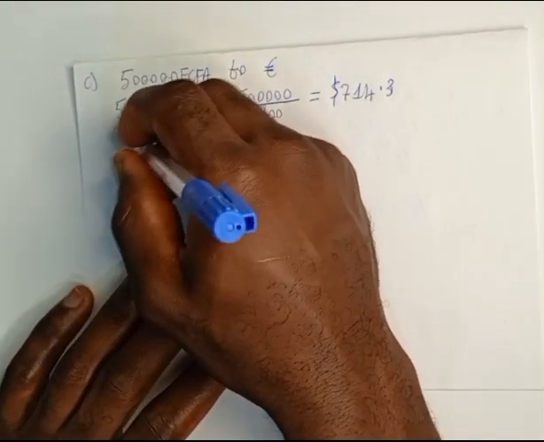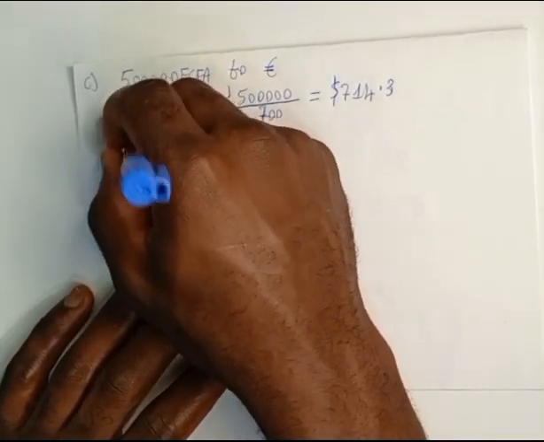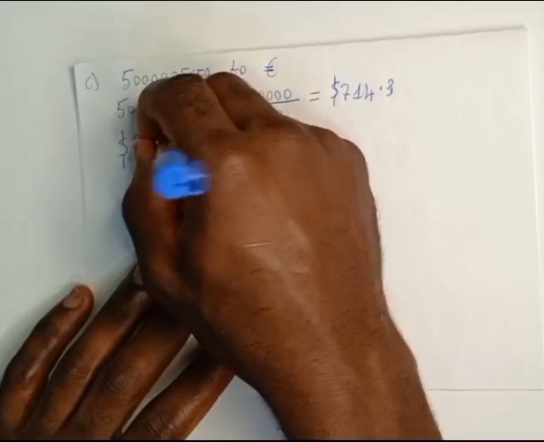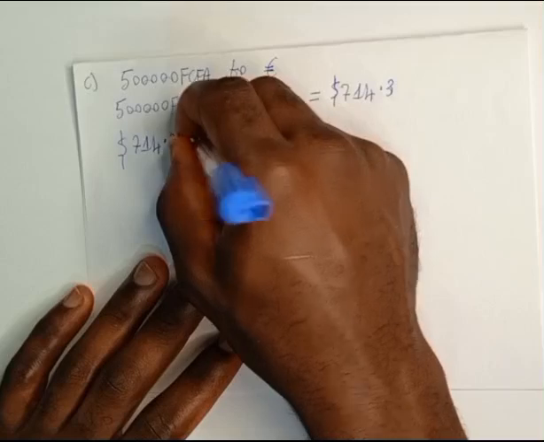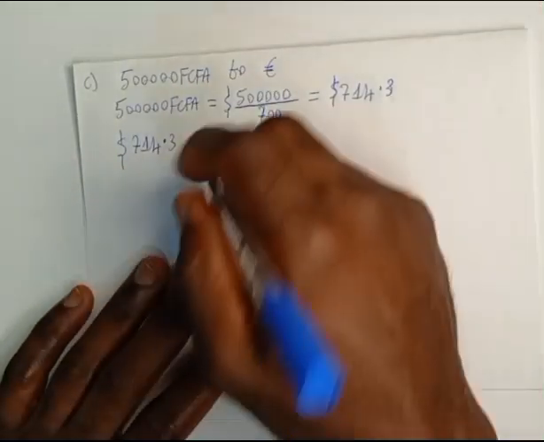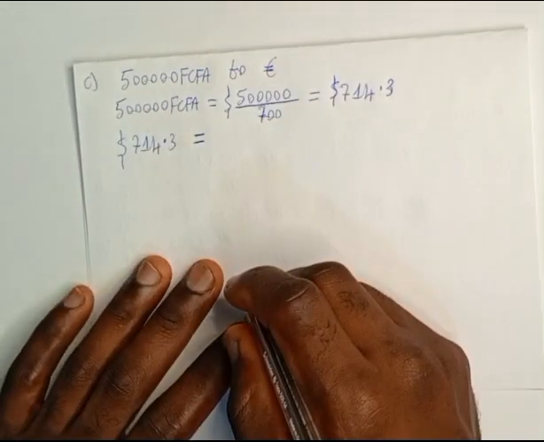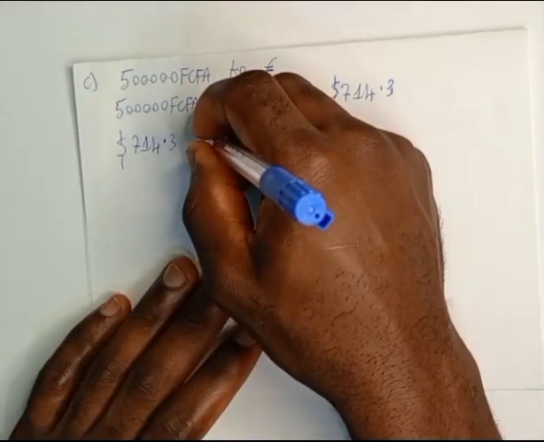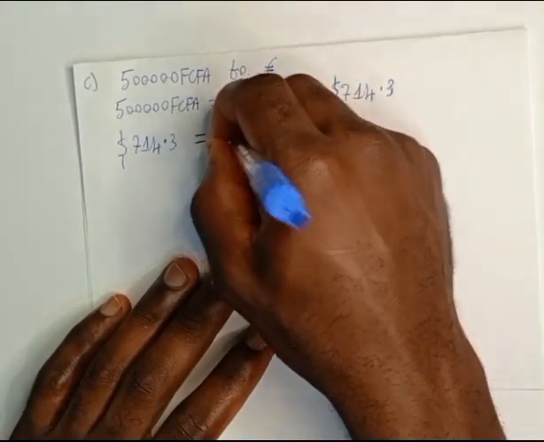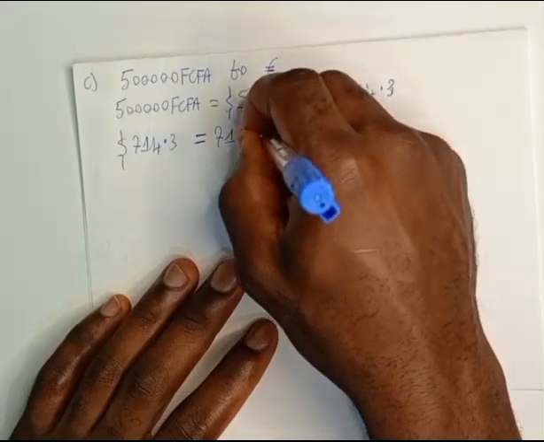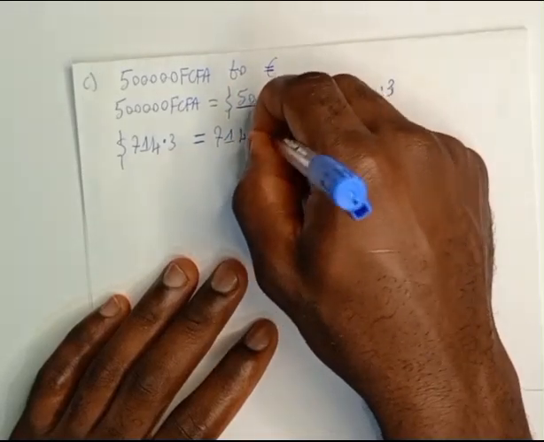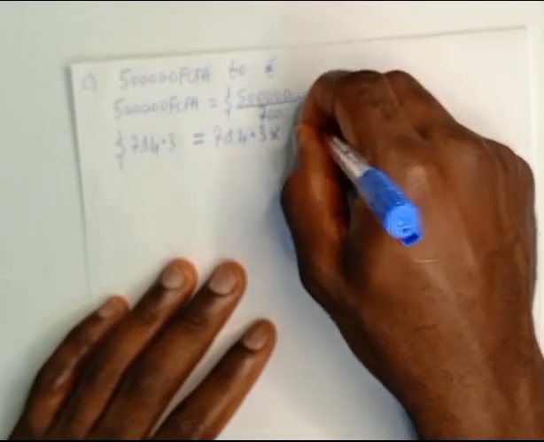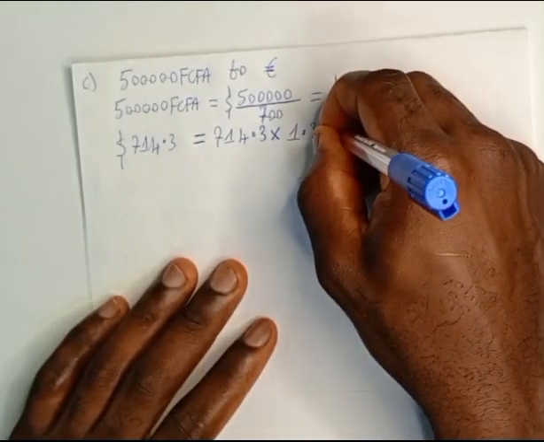Next, we have to convert 714.3 dollars to euros, and this will simply be equal to, we are going to multiply the 714.3 by the exchange rate, which is 1.37 euros.